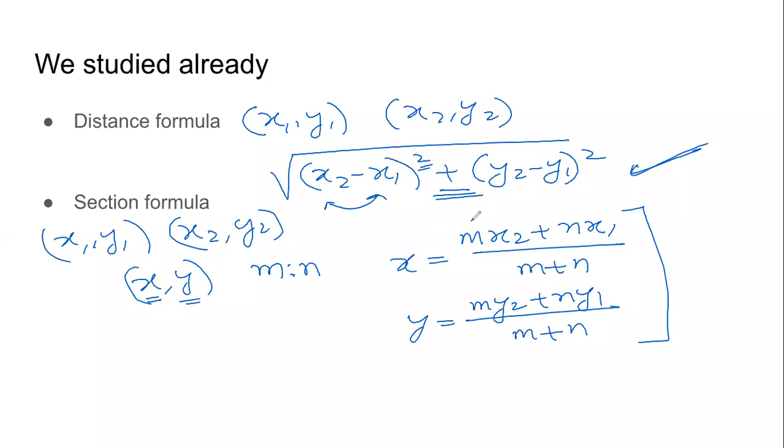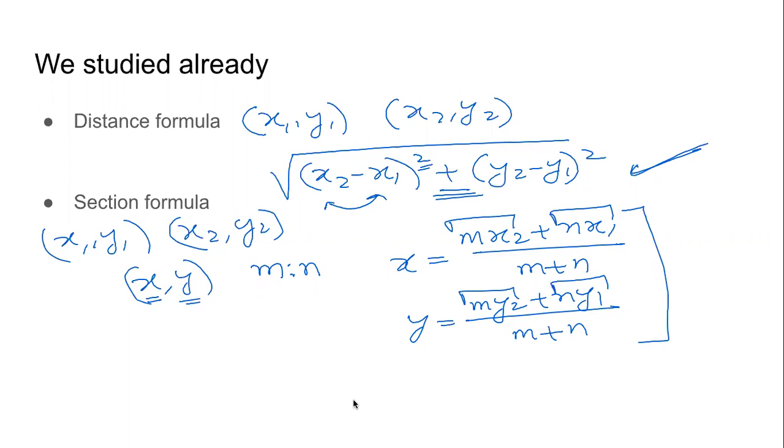A very common mistake I have seen in some of the answers is multiplying m with x1 instead of multiplying m with x2. M comes first, so we have a tendency to combine m with x1, but that is not the formula. It is mx2 and nx1. Be careful. My2 and ny1.